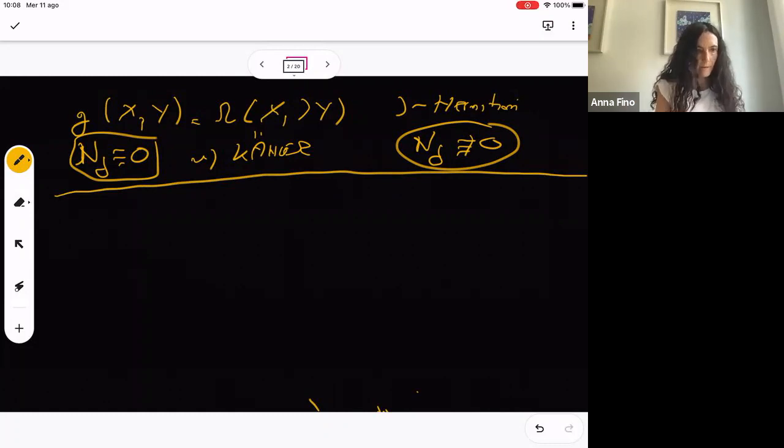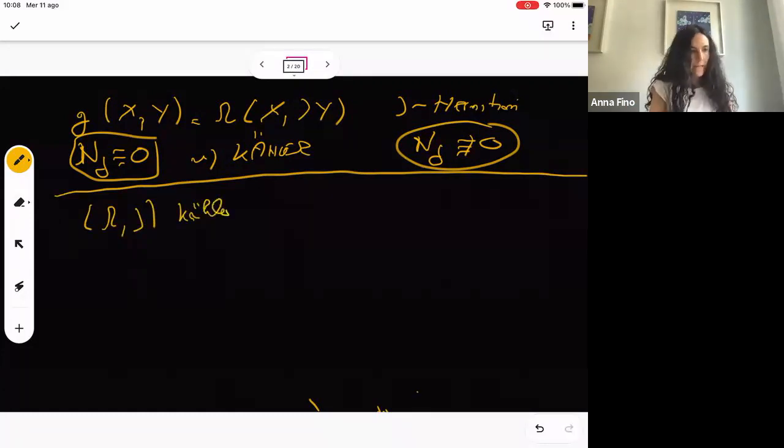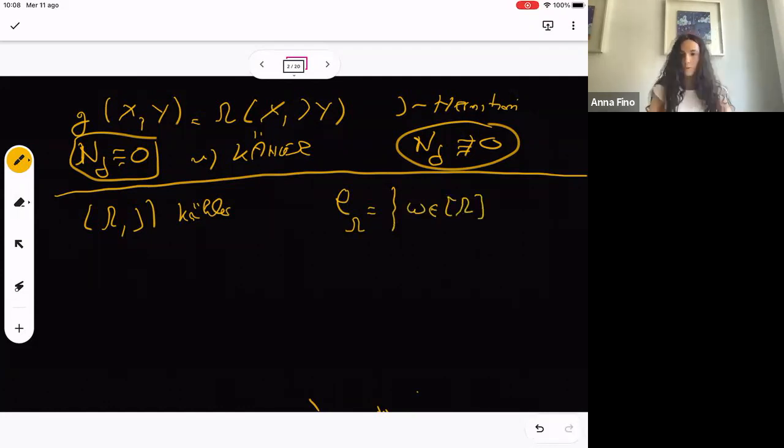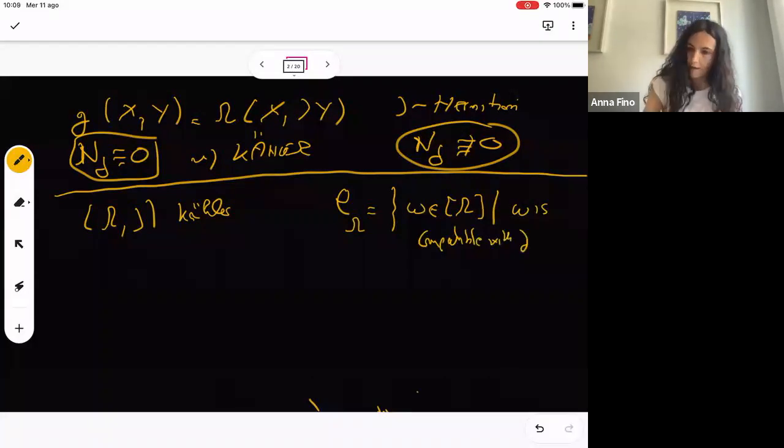When omega, J is a Kähler structure, then one can define this, let's call it C_omega: the set of two-forms belonging to the de Rham class of omega, for which omega is compatible with J. So we have the previous two conditions, and omega is positive.